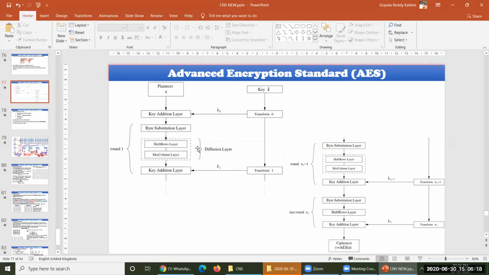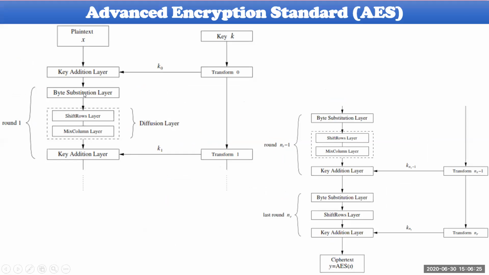We have seen all these things in AES. With respect to AES, we have seen everything. The Advanced Encryption Standard always focuses on these 4 different types of layers. These layers have been discussed: substitution, and shift rows, in the previous session.